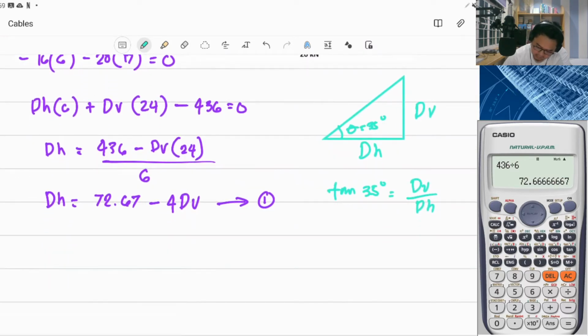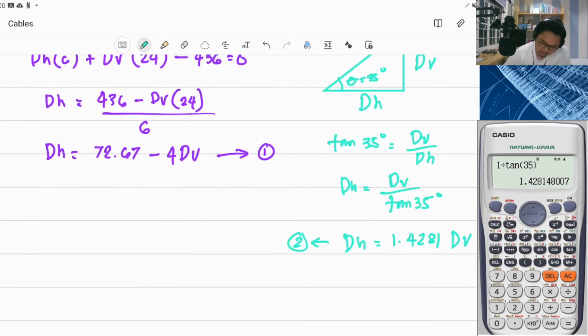We can have another equation in terms of DH: DH is equal to DV over the tangent of 35 degrees. So what is DH? 1 divided by tangent 35, that is 1.4281 DV. This is our equation 2.